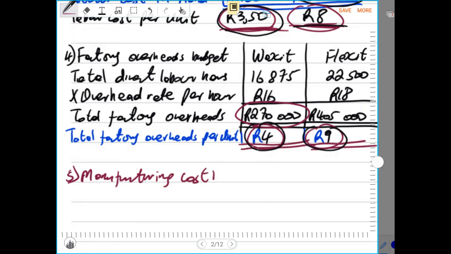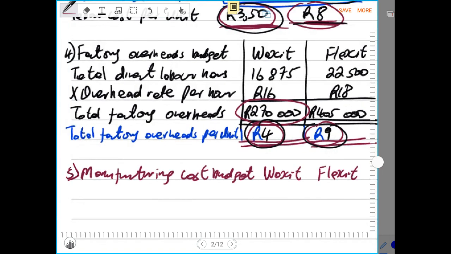I will do this budget per unit for product worksheet and for product flexit. I will do it for both products because we are required to do that.